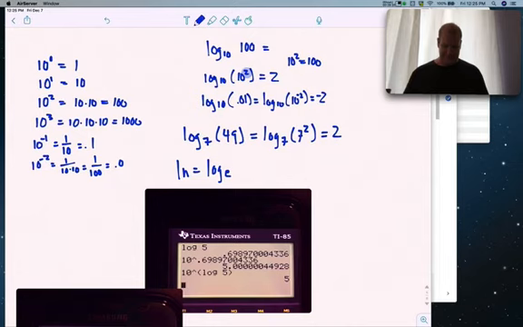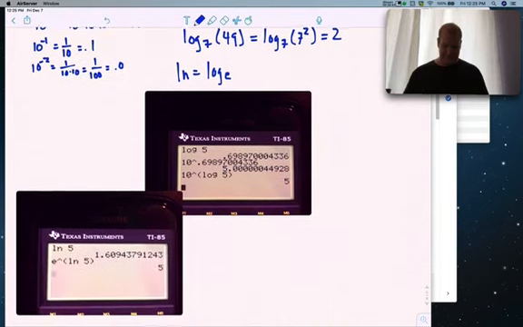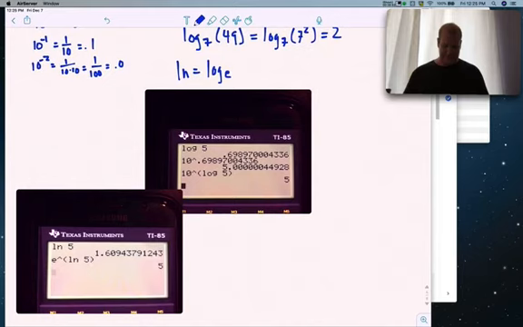Now you can change the base. For instance, 49 is 7 squared, so log base 7 of 49 is 2. It's the opposite of raising that power. A natural log is log base e, and e is Euler's number. I'm using very easy numbers to show you, but if you take 10 to the log of 5, you get 5 back out.